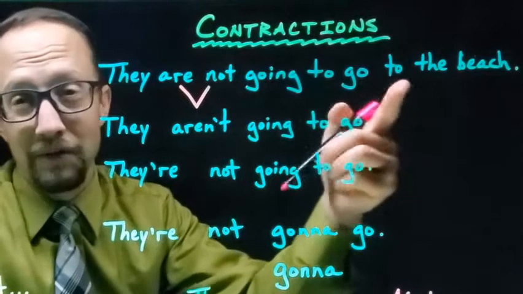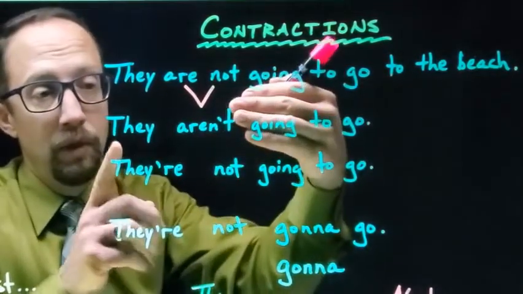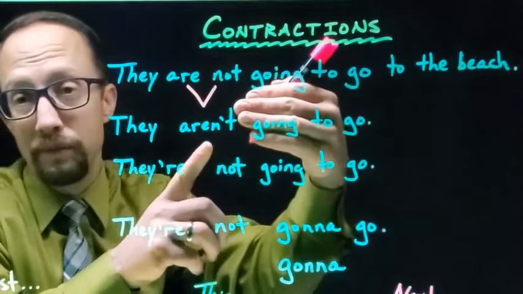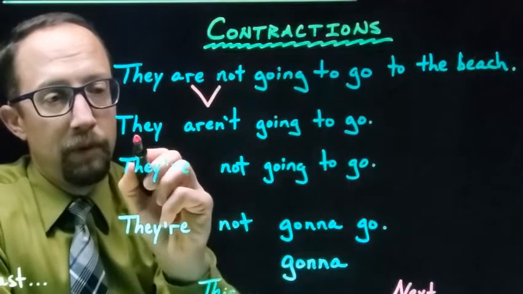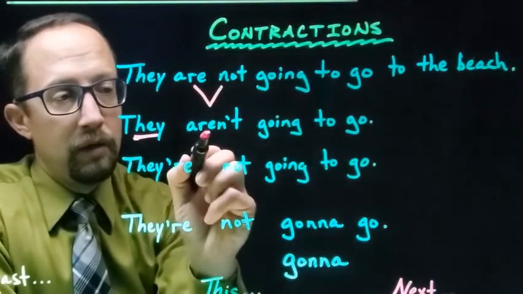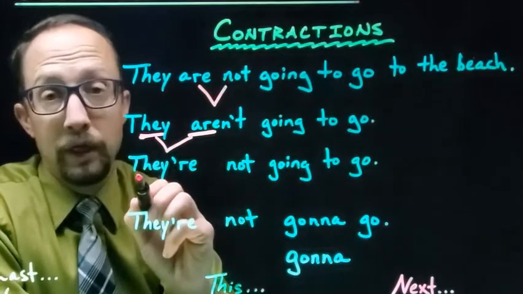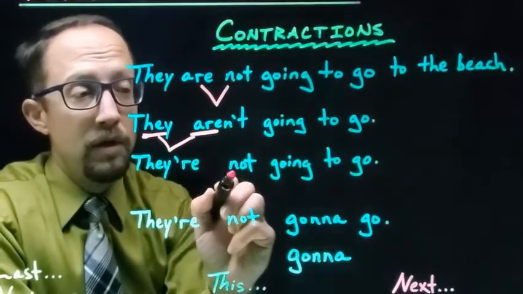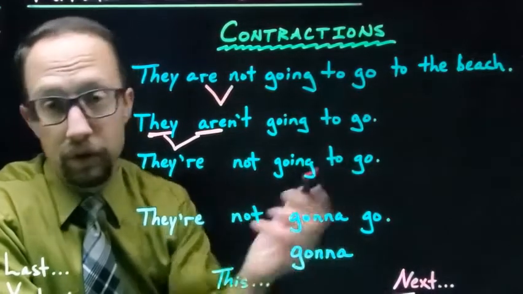You do not have to have all of it. Or you might just say, they aren't. You can also put they and are together, and you'll get they're not going to go.